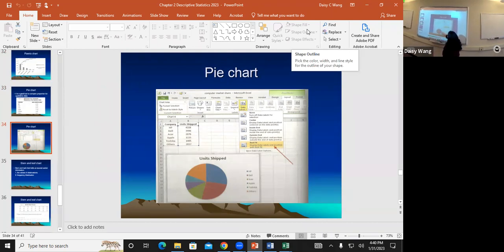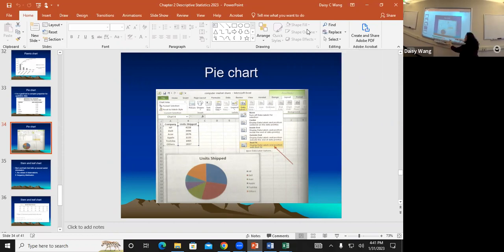It will tell you, oh, HP and Dell have similar market share, but you can't tell which one is bigger, right? If you have a bar chart or a histogram, they actually show you which one is taller. But from here, you can't actually see it.